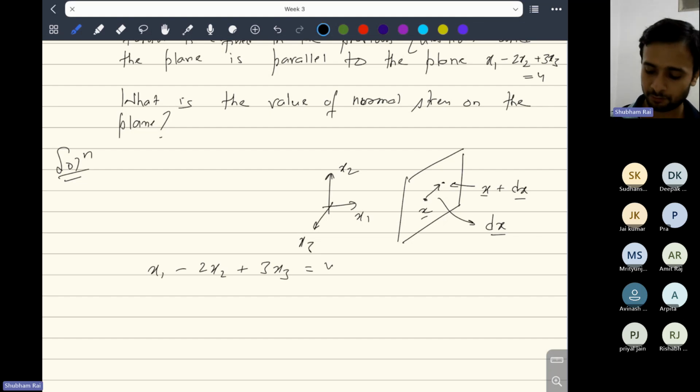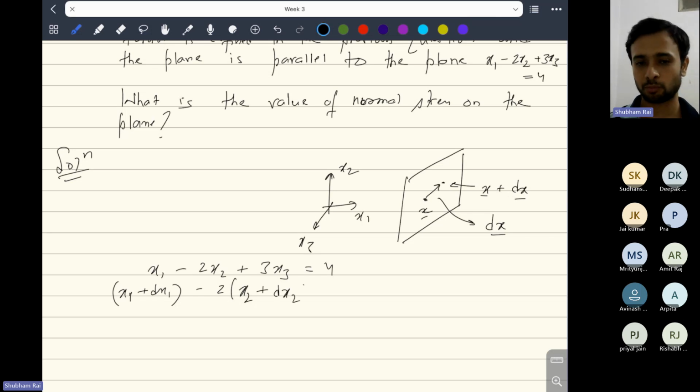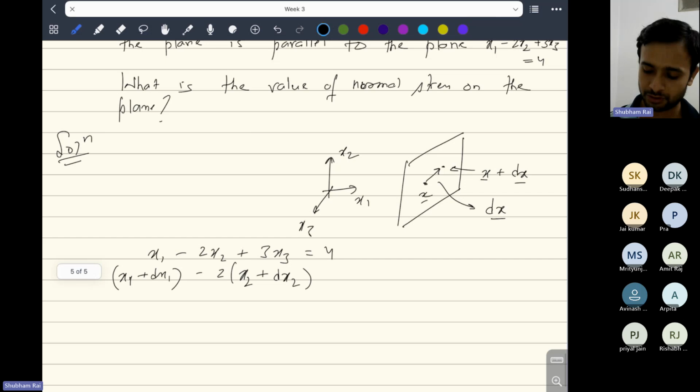And this second position vector will also satisfy the equation of the plane. So that will be x1 plus dx1, that will be the x component of the position vector, minus 2 times x2 plus dx2, because that is the y component of the position vector, plus 3 times x3 plus dx3.